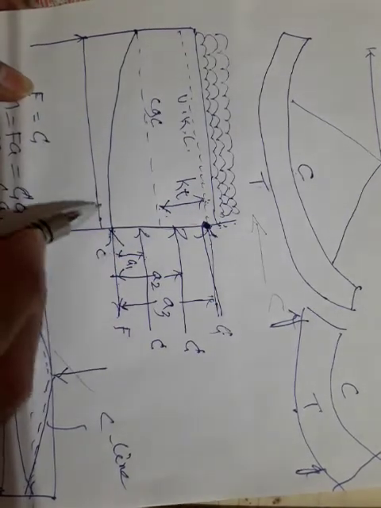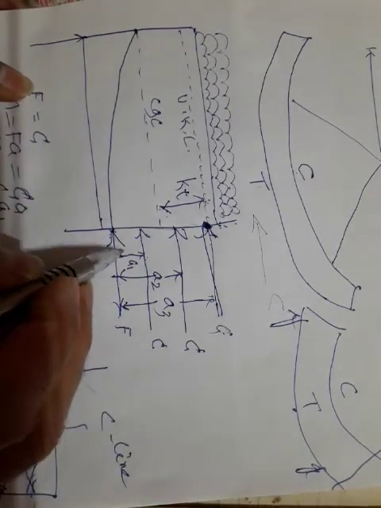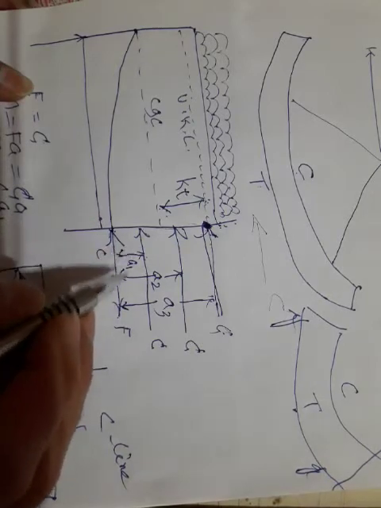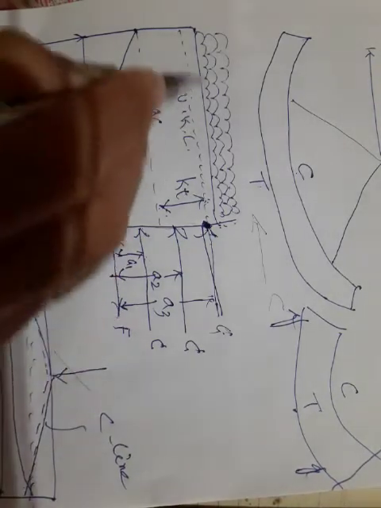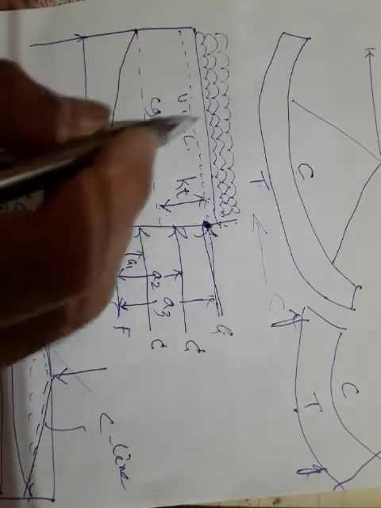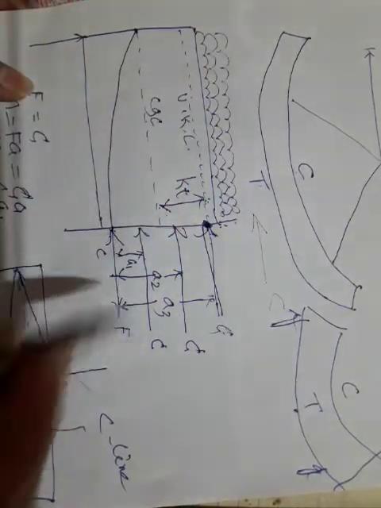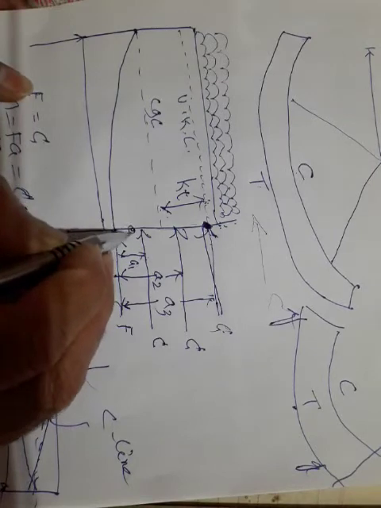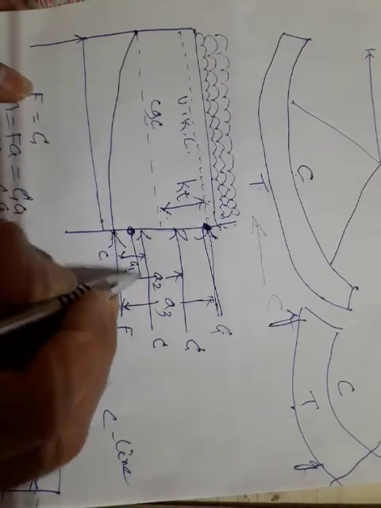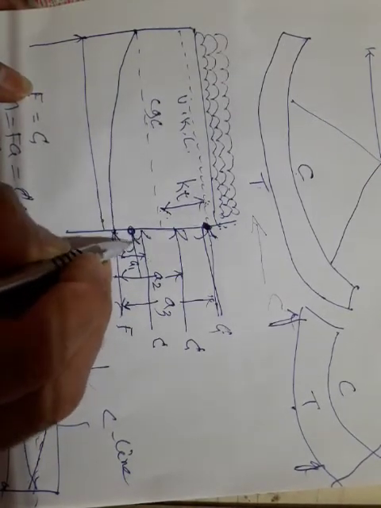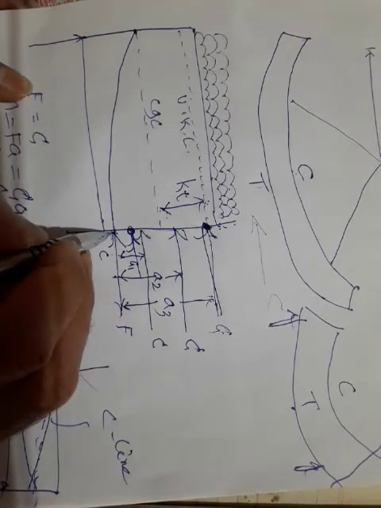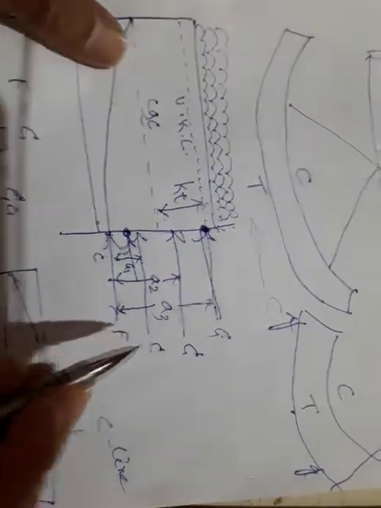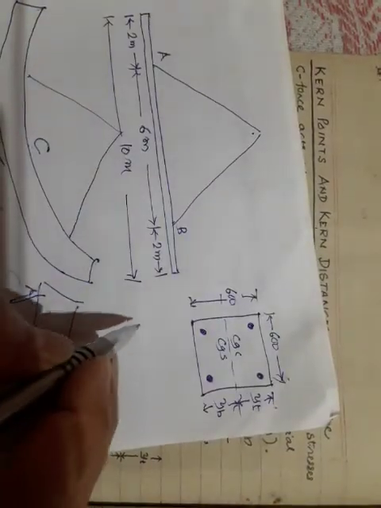Similarly, whenever there is no load at all, assume that there is no load in the initial condition, I should not allow this C force to act below some point. It should not act below this. If it acts below this, in the initial condition the beam tries to hog, as I said.